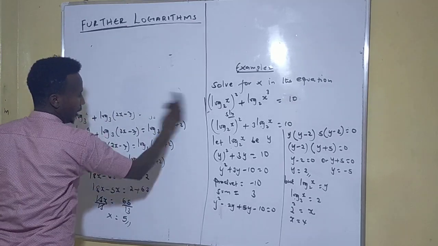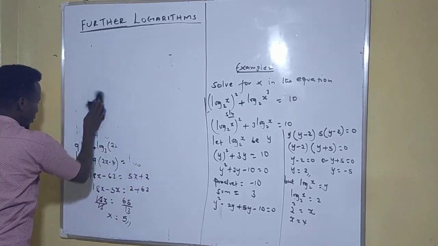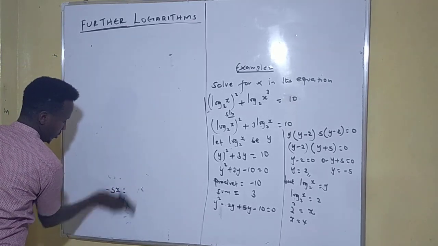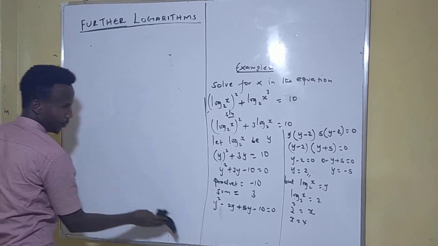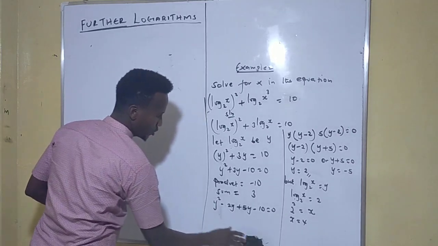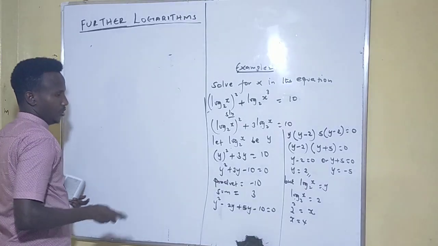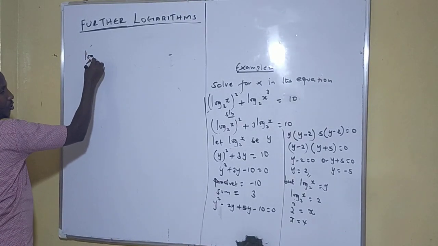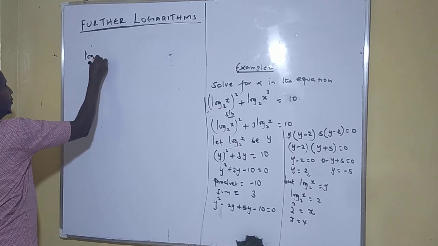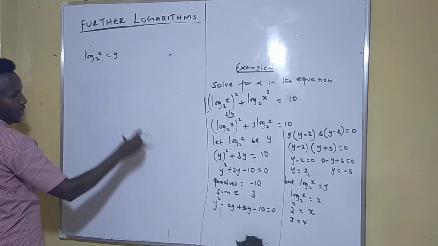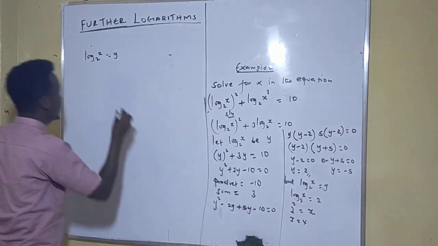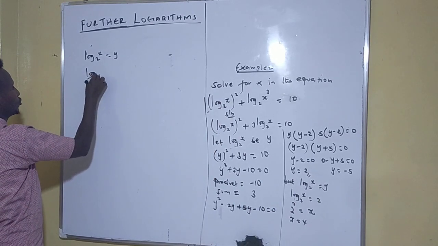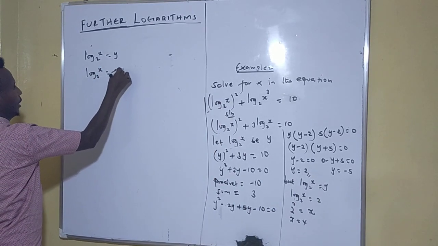Let's come to this point again. You can also say log base 2 of x is equal to y. This time y will be negative 5. So we are going to say log base 2 of x is equal to negative 5.